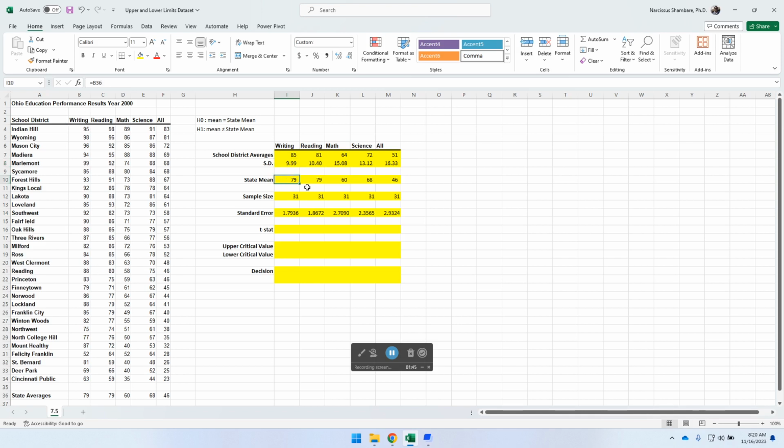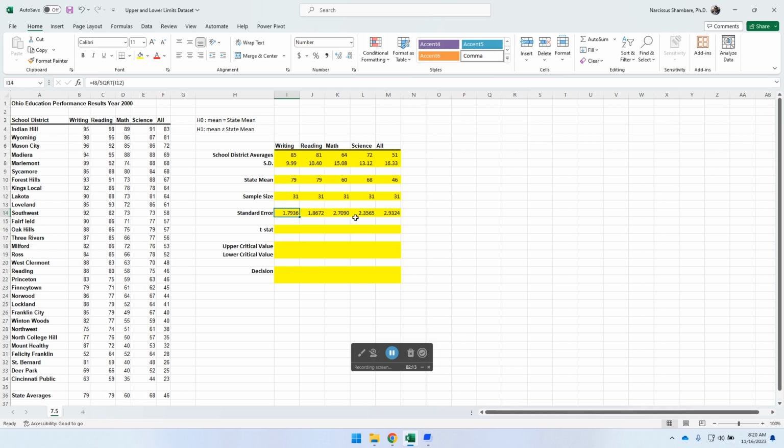After that, I brought in the state mean, with the state averages that are provided here, so that they're available for further calculations. And the sample size was a count function that I used to count how many data points are available in each range. As you can see, they are all the same sample size.